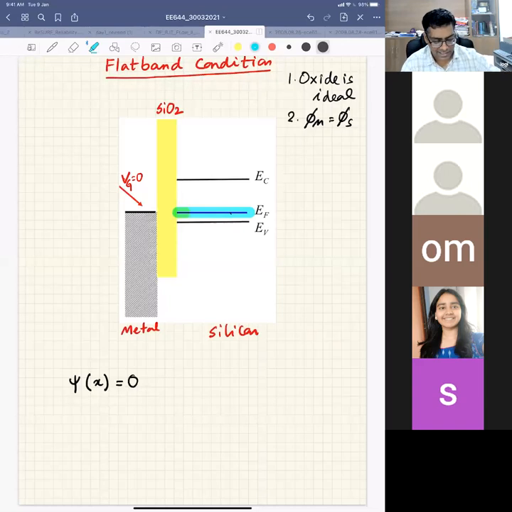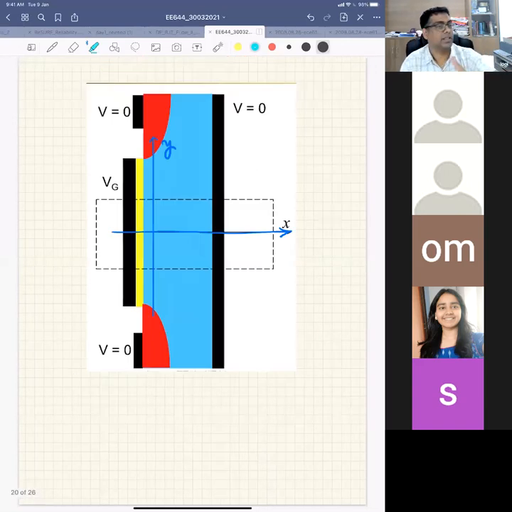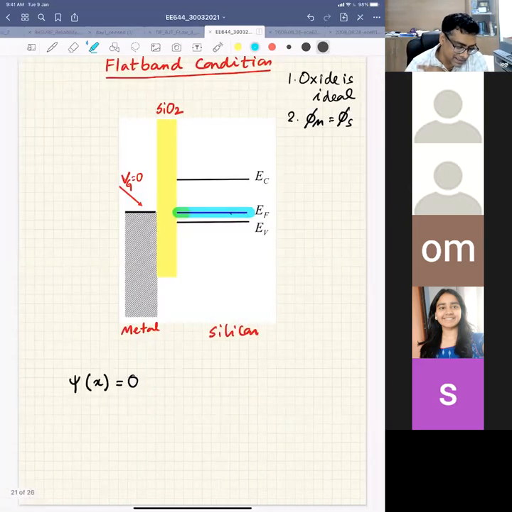In the x direction there is no current flow, because we have a gate dielectric, an insulator, sitting in the path. So whenever you plot the band diagram in the x direction, your Fermi level will always be flat. Since phi m equals phi s, both the Fermi levels are aligned.